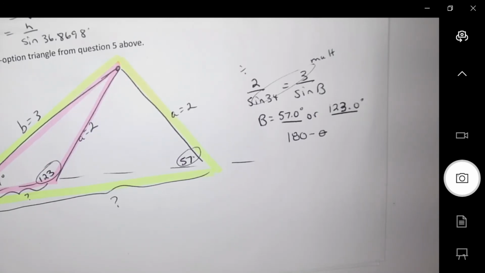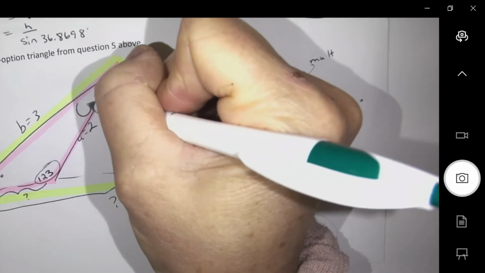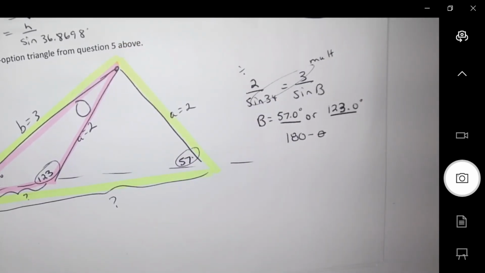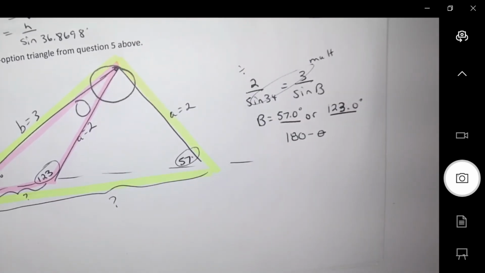Acute, obtuse. Okay, now I'm going to find the other angle. So in the pink triangle, you'd get that angle, and in the yellow triangle, you would get that angle.